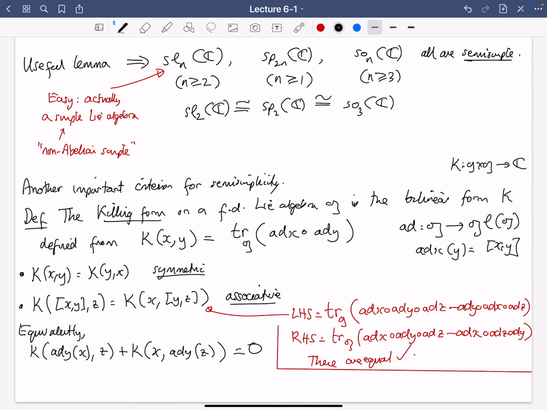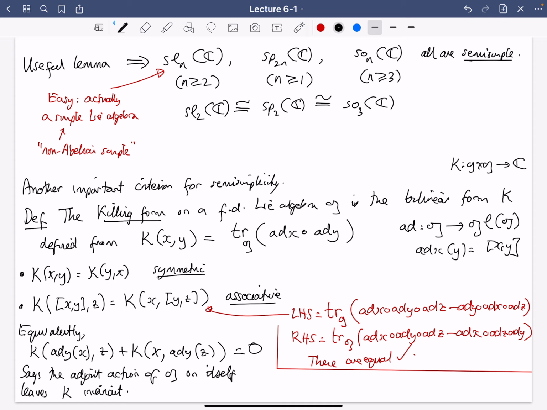That sum is 0, which says that the adjoint action of G on itself leaves the killing form kappa invariant.